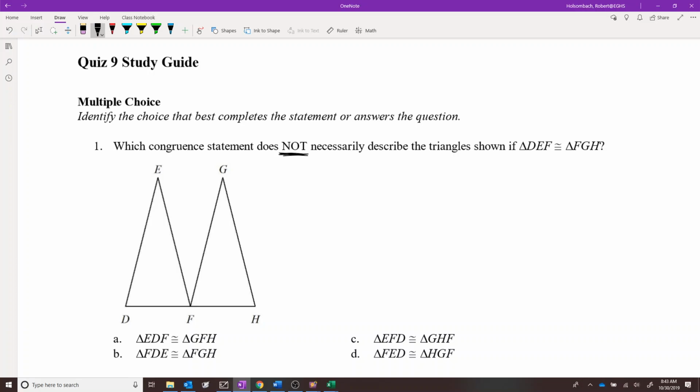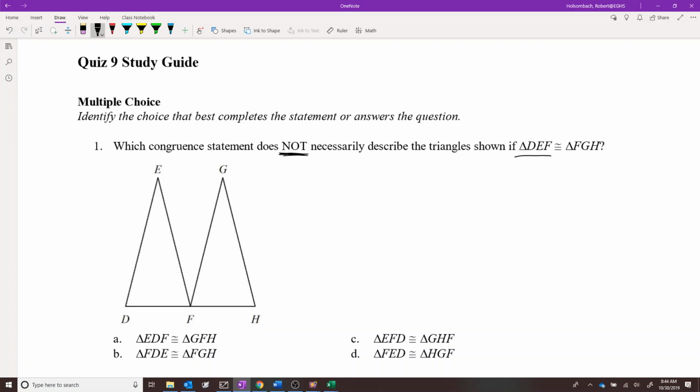Okay? So answer A says that triangle EDF. And what I do on this type of problem is I ask myself, how did they change EDF from DEF? EDF means they went middle letter, first letter, third letter. You see that? From DEF to EDF.